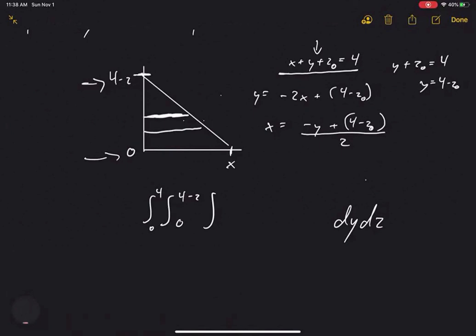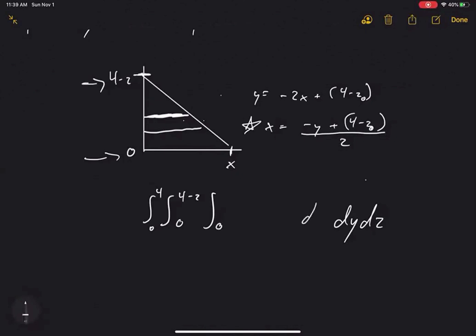Well, we have some equations for it, and of particular interest are these two, and really this one. We don't want our x to go beyond this line, so we want our x's to be less than or equal to that line. So what does that tell me for my bounds of integration?